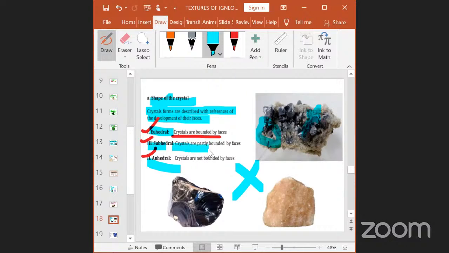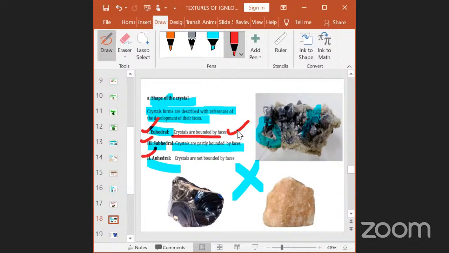So crystals are partly bounded by phases. Euhedral minerals are rather rare in nature.